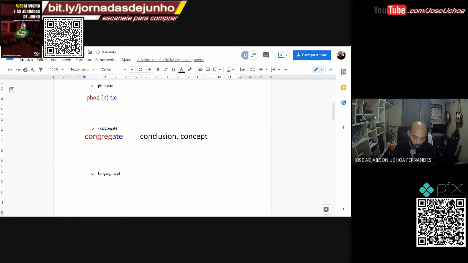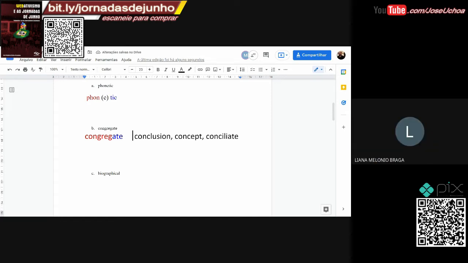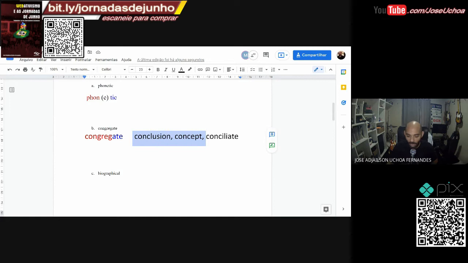And what do you do when you reconcile people? When you perform a conciliation process, what do people have to do? You put them together. They have to sit together. Yeah, they have to talk to each other, get together somehow.